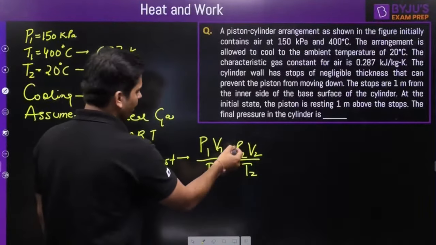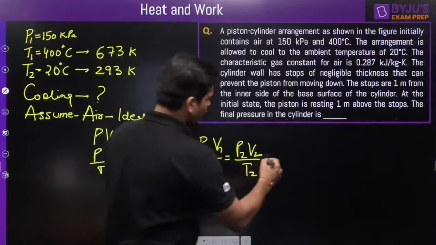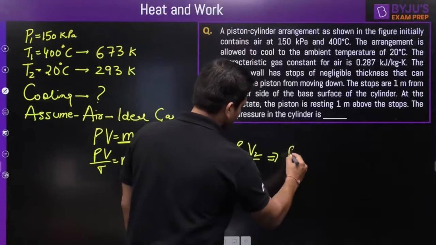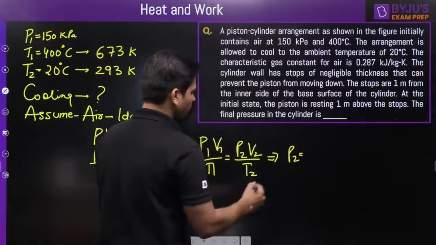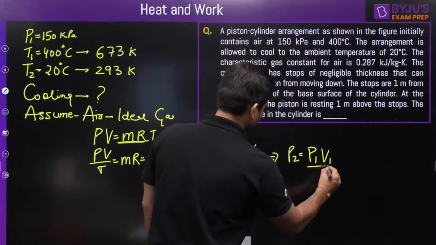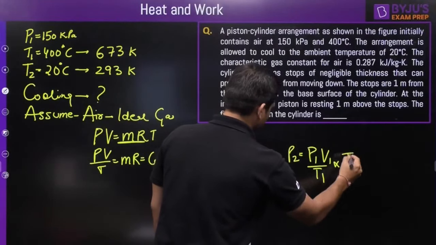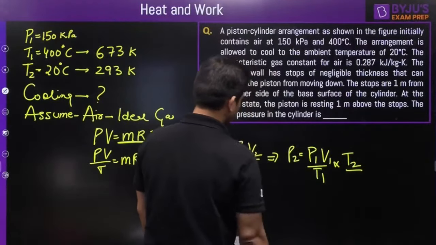From here, what do I need to find out? I need to find out final pressure. P2 = P1 V1 by T1 into T2 by V2.